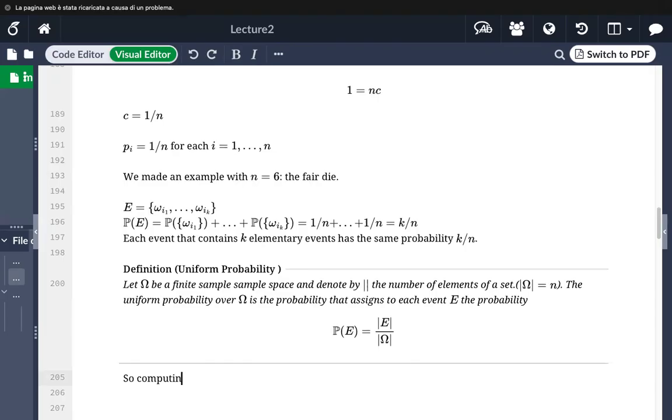And so computing probabilities in this uniform case is the same thing as counting, which is actually not easy, because probably you have seen that a lot of stuff appears when counting elements, like binomial coefficients, which are kind of the simplest objects.